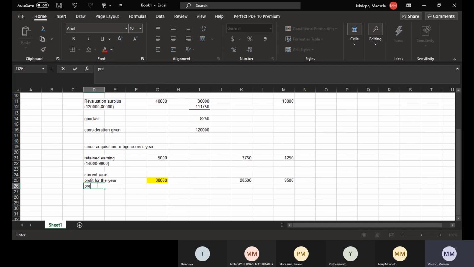So we will say preference dividends, which we want to pay. It was the provision made. Now we're gonna finalize it. It was 5,000, so we pay 5,000 here, which will be in brackets.